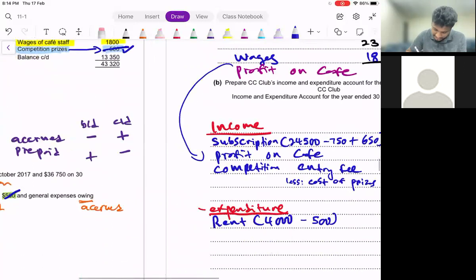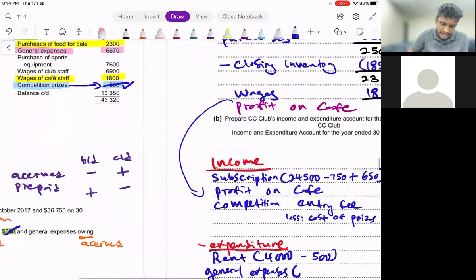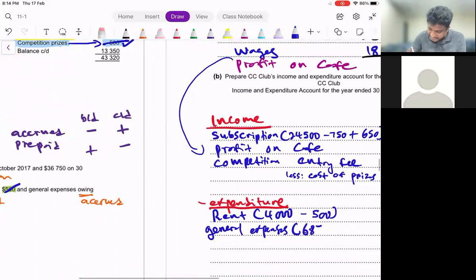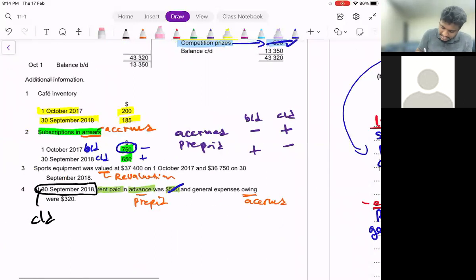But can you check? I write the general expenses first. Do you have anything? 6870. Definitely go one. Okay, 6870 is the one that we paid. How much general expenses owing? Owing means accrued. This is the closing. Closing accrued.